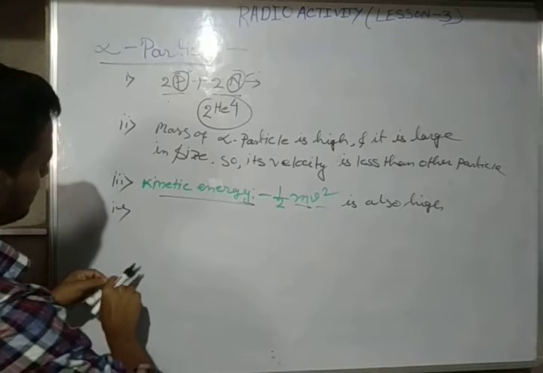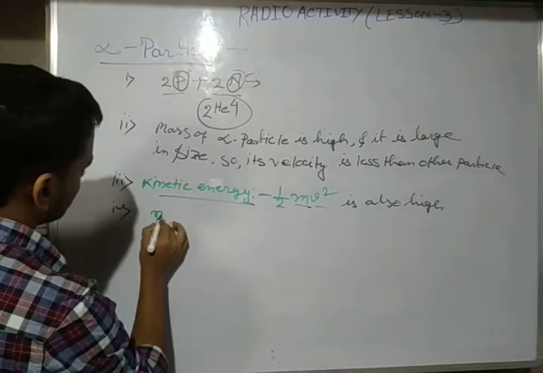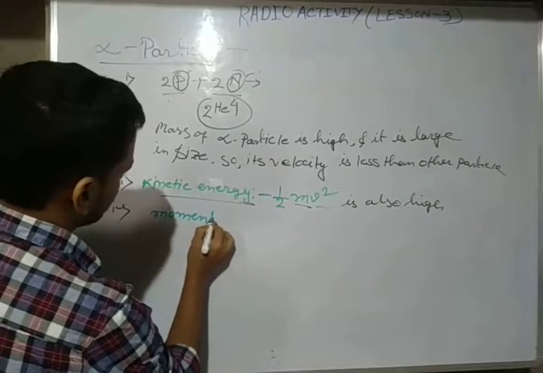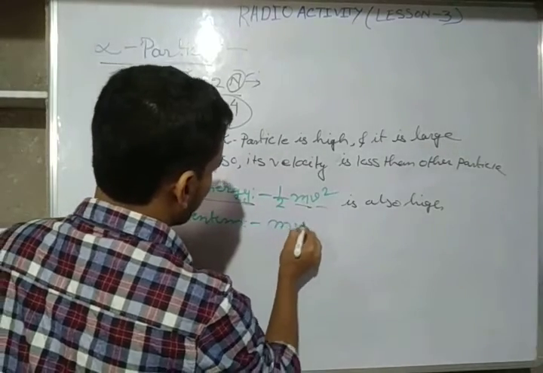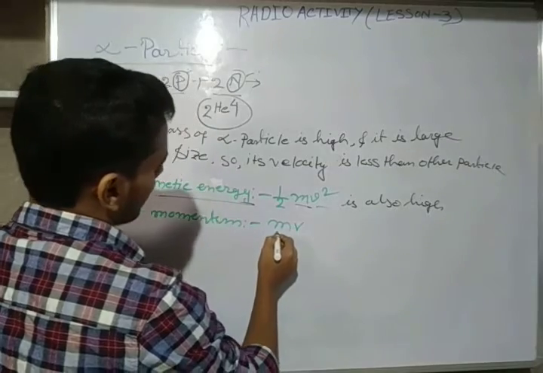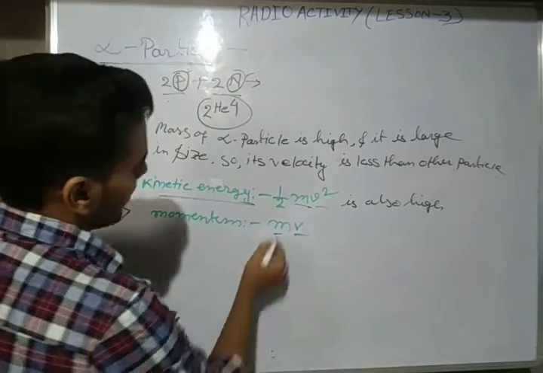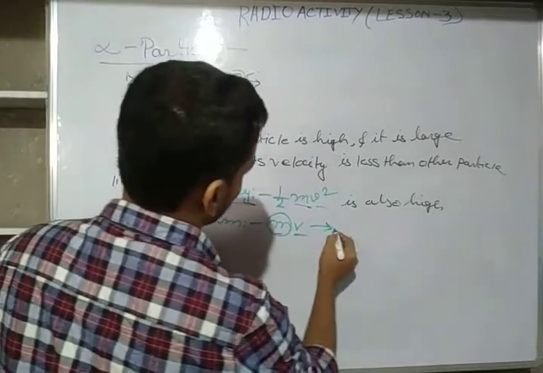Momentum, which is denoted by mv, is the multiple of mass and velocity. Mass is high, so momentum is also high.